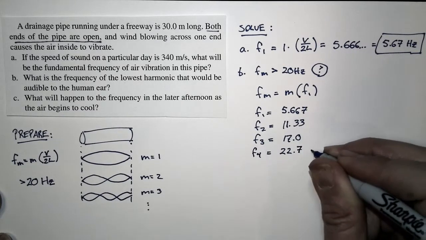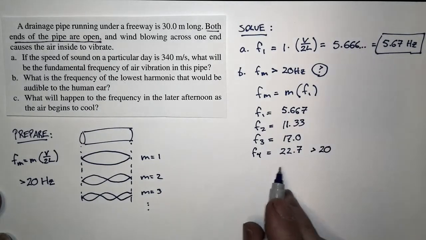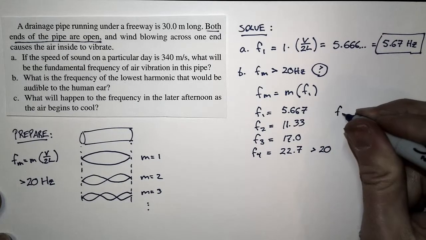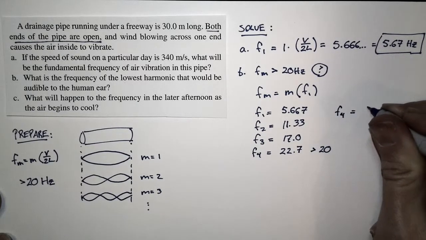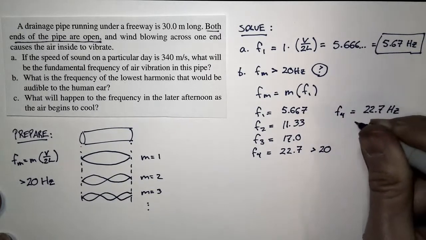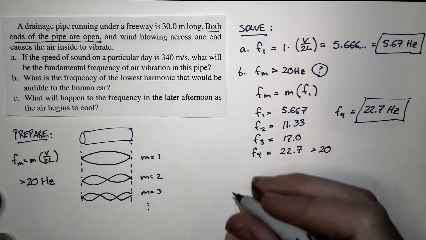Oh, and check it out, this number is greater than 20. And so the frequency of the first harmonic that a person can hear is going to be f4. That's 22.7 hertz. That's the first harmonic that is actually audible.